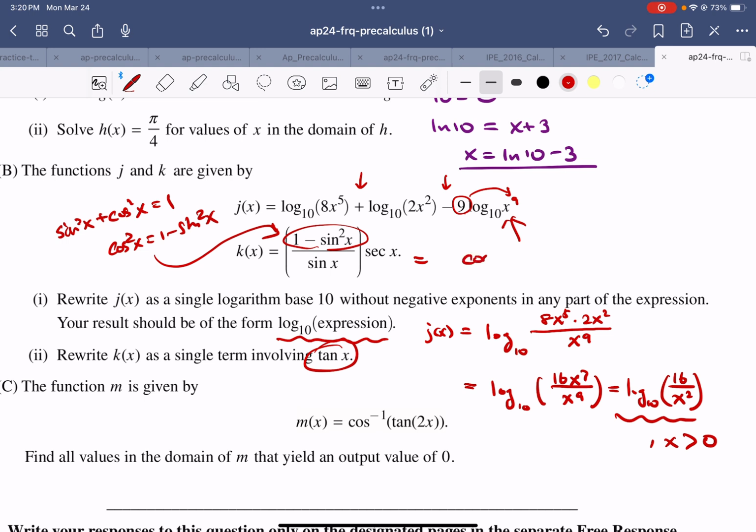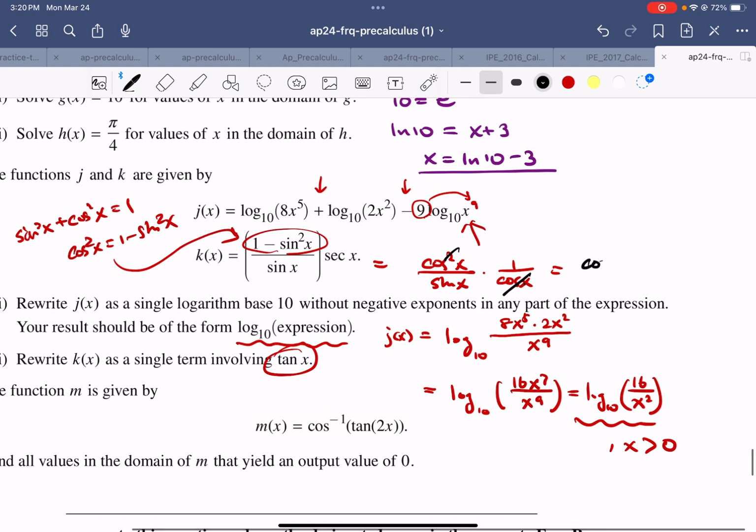So cosine squared x over sine x times secant x, we know that's 1 over cosine. And one of the cosines cancels out, right? So you have cosine x over sine x. But you have to make it in terms of tangent x, right? So this one is basically cotangent x, and the cotangent is 1 over tangent x. So that's the final answer, 1 over tangent x. That's one single term involving tangent x.